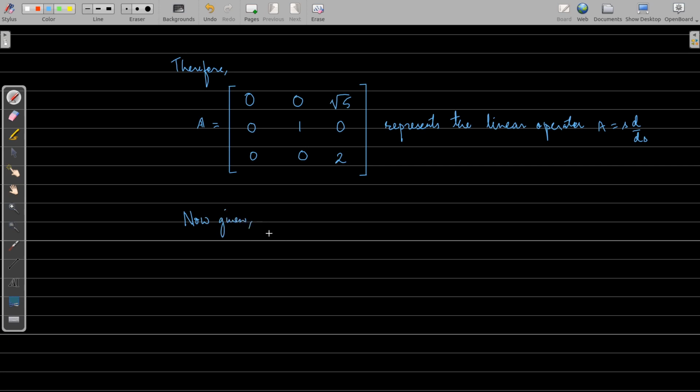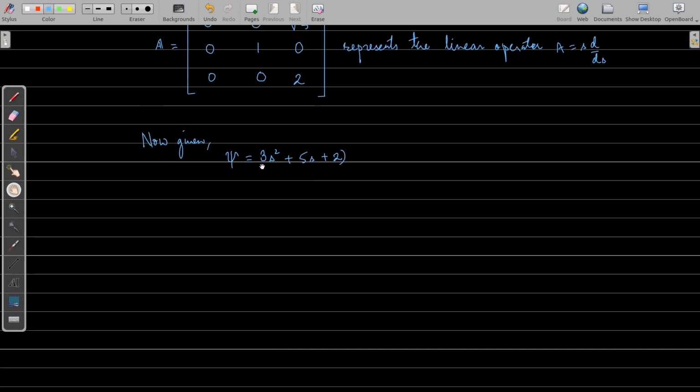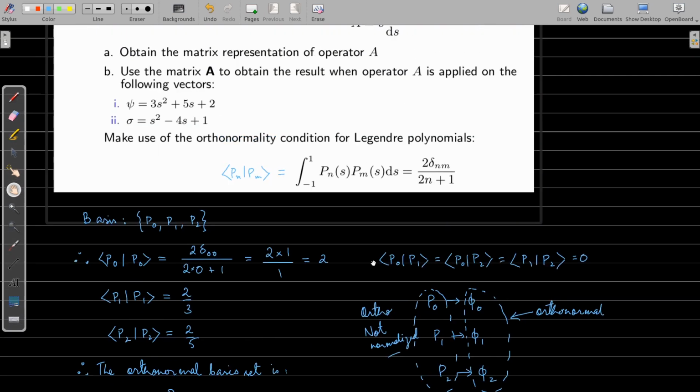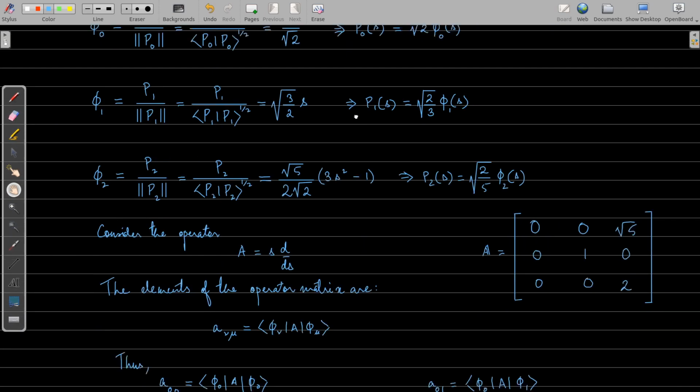Given we have psi, and the psi is 3s square plus 5s plus 2. I hope I'm right.